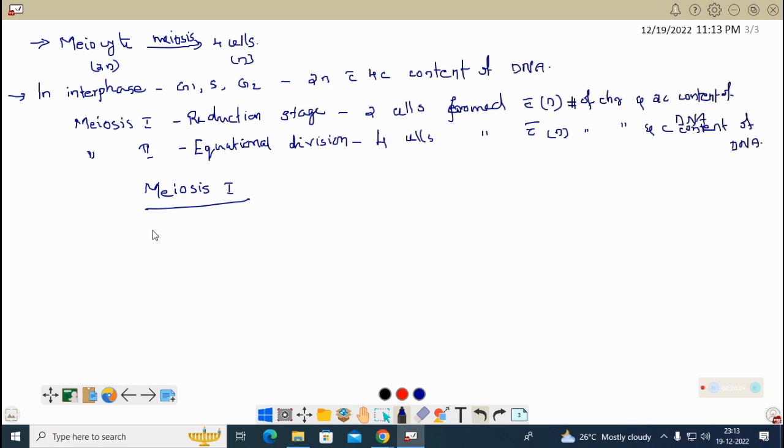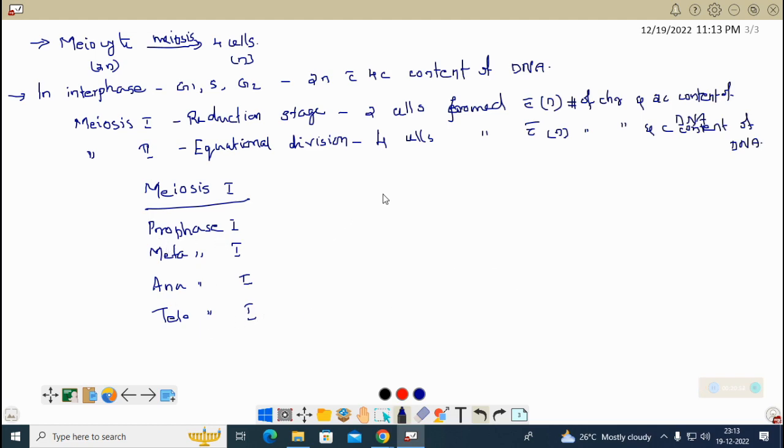In meiosis 1, we can see prophase 1, metaphase 1, anaphase 1, and telophase 1.